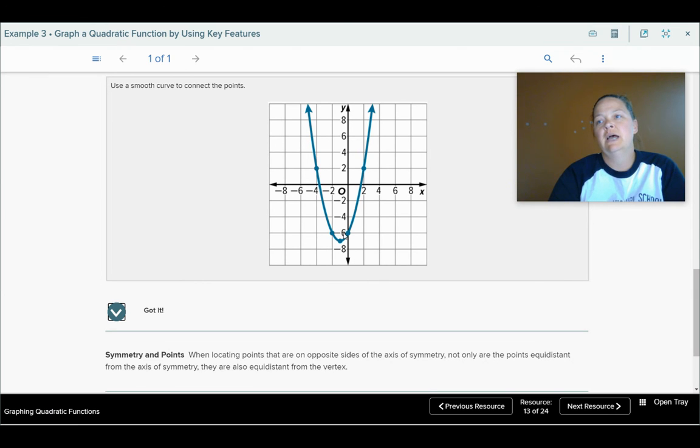So we know that this point here is 1 spot away, so we know that the opposite one has to be 1 spot away as well. This one is 1, 2, 3 spots away. So we know that the mirrored image of it has to be 1, 2, 3 spots away. They're equidistant from the axis of symmetry, and they are also equidistant from the vertex.